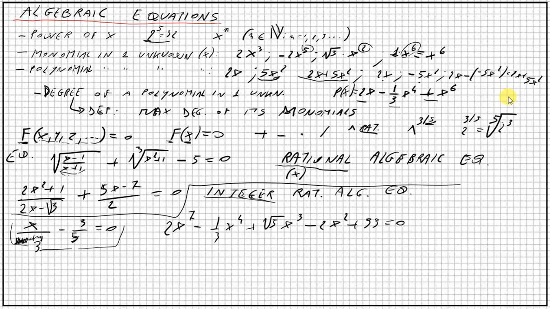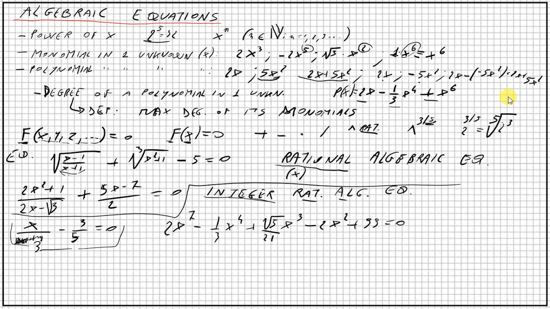So I don't have here 4 divided by 3 or 4 divided by 9. In other words, x is not inside any root. It is also integer because x is not in any denominator. As you can see, the only denominator I have in this case is 3 here. I could have, for example, 21. It wouldn't change things. This is still an integer rational algebraic equation.